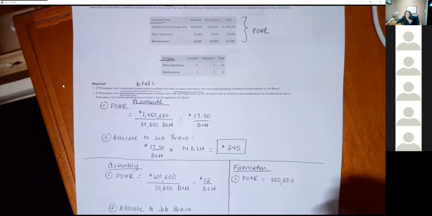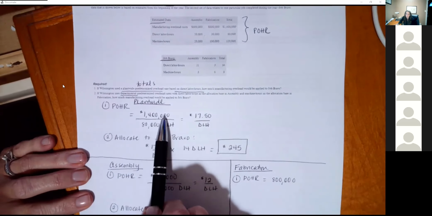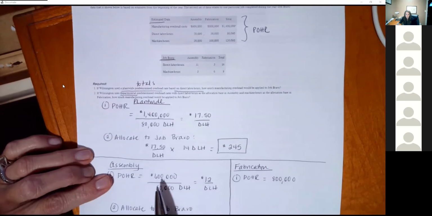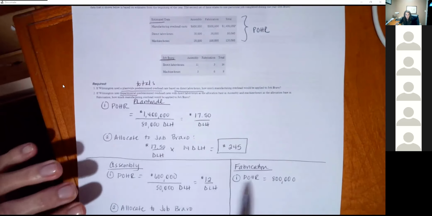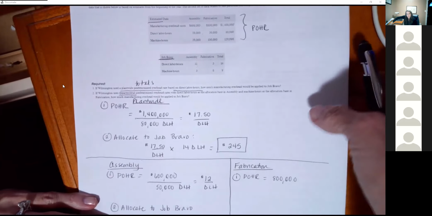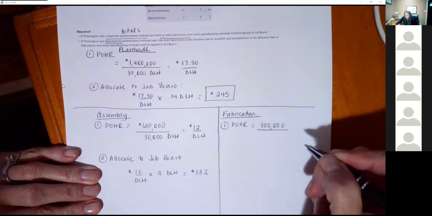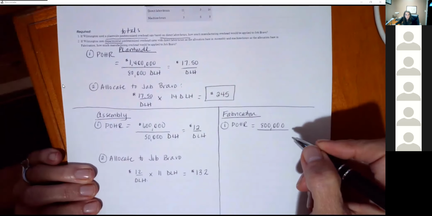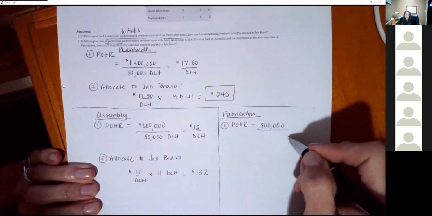Right, and so notice, if we do it plant-wide, we get the whole 1.4. If we break it down by department, these two numbers have got to equal that 1.4. Otherwise, you did something wrong. Okay. And then what would my denominator be? Is my denominator going to be direct labor hours or machine hours here?